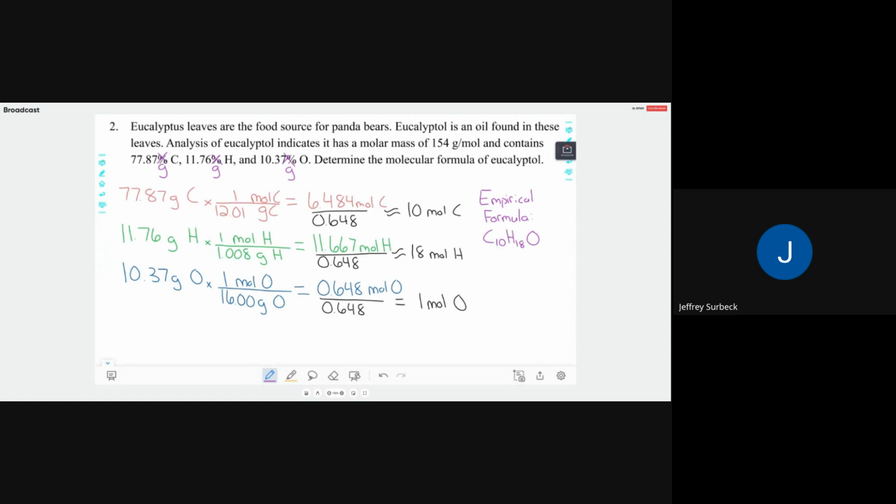Now, this again is the empirical formula. What you would do is this: you would get the molar mass of our eucalyptal.